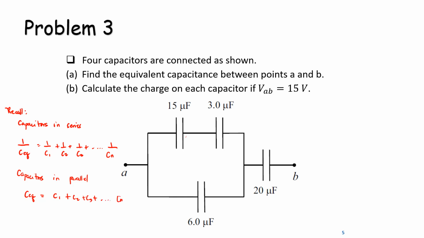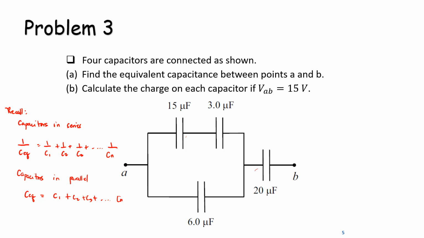Let us identify how these capacitors are connected. From here we can see that the 15 microfarad capacitor is in series with the 3 microfarad capacitor, and they are in parallel with the 6 microfarad capacitor. And all of these capacitors are in series with the 20 microfarad capacitor.